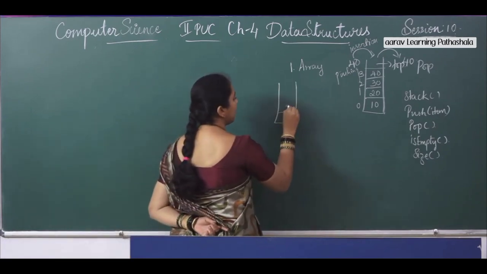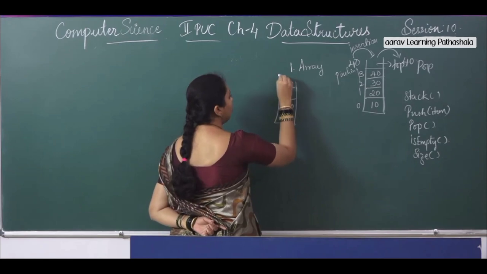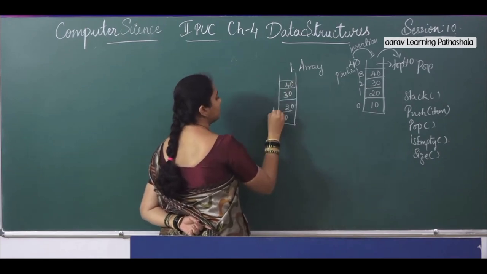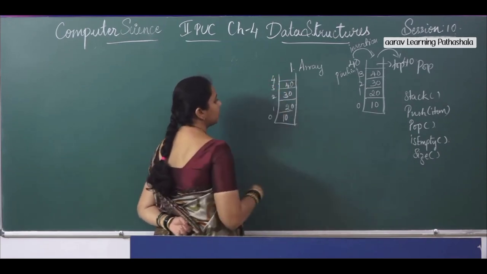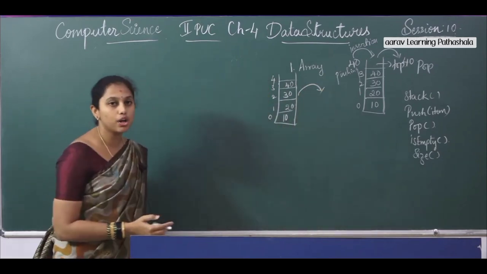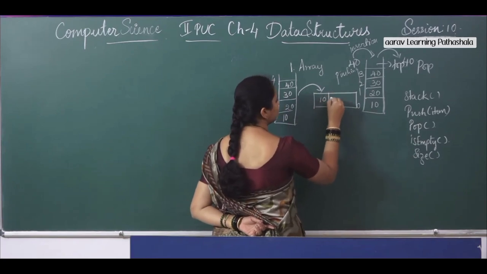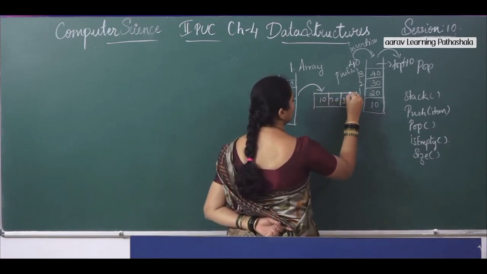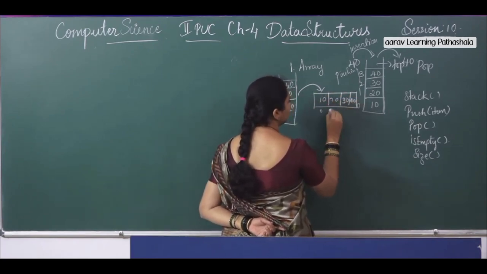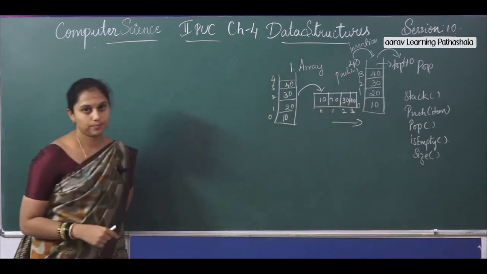See, the stack contains 10, 20, 30 and 40 as its items. So we are representing the stack in terms of an array. So the array grows in this direction.